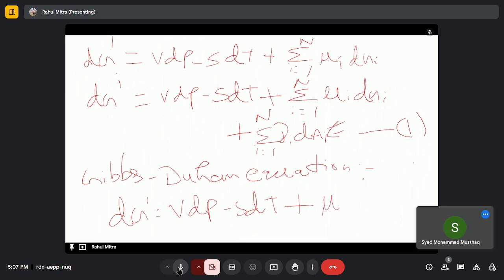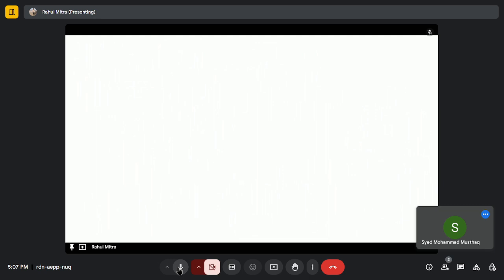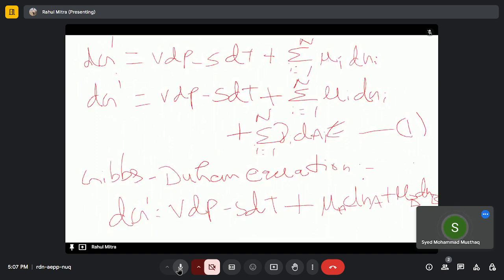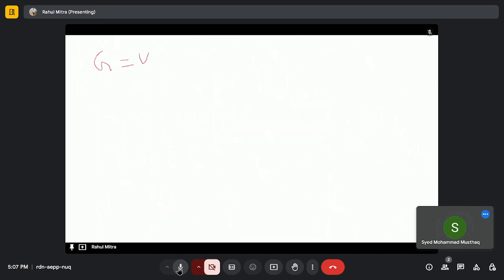Then mu a dn a plus mu b dn b. Now, if I write it not in differential form but in algebraic form, then this G will be V dP minus S dT plus mu a n a plus mu b n b.